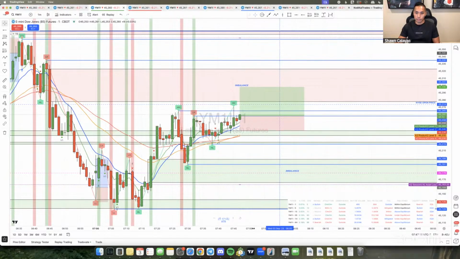All right, we have another retest of this area right here. So if you guys want to take this, take it at your own risk. I'm not going to take the position here. I'm just marking it up for you guys.